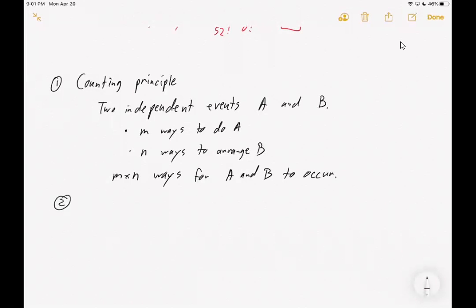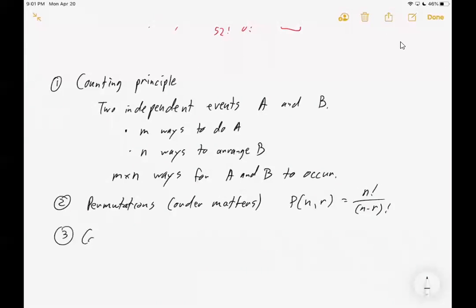And then there were permutations. This is where order matters. And the permutation formula was n factorial over n minus r factorial.